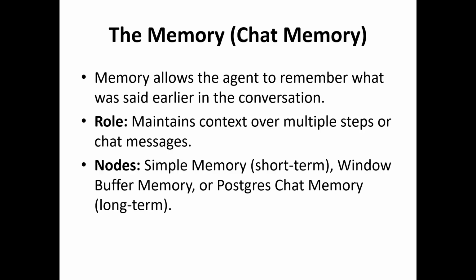And there are different types of memory that we can use in n8n. We can use the simple memory, which allows us to just test and see how things work. We can use other, more complex memory like the window buffer memory, the Postgres chat memory, and other kinds of memory that we have.